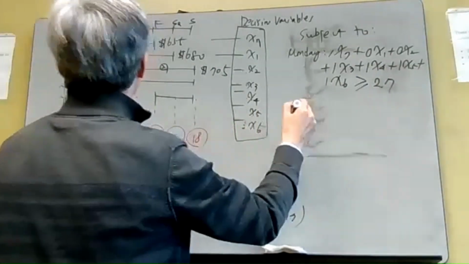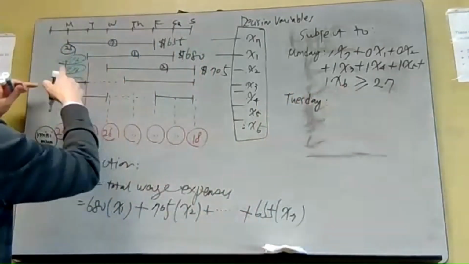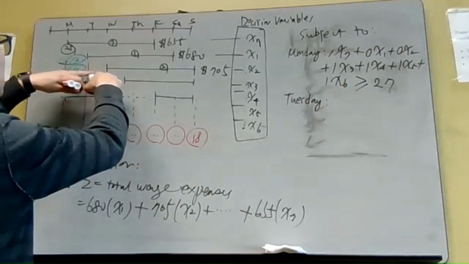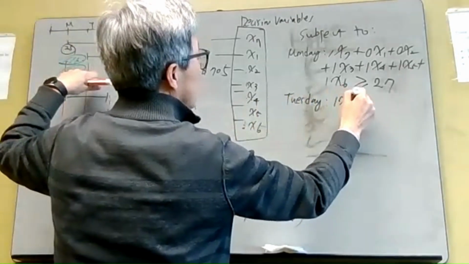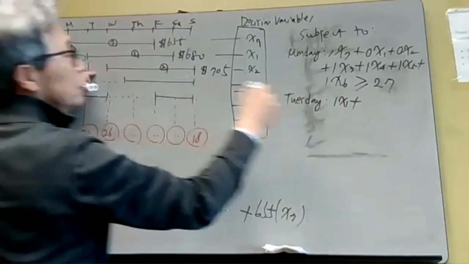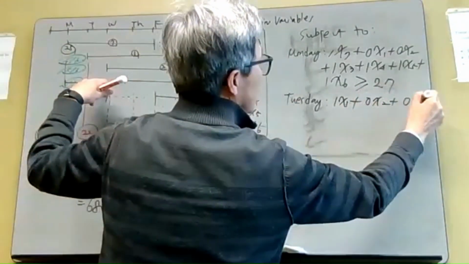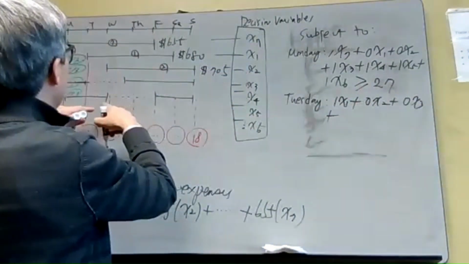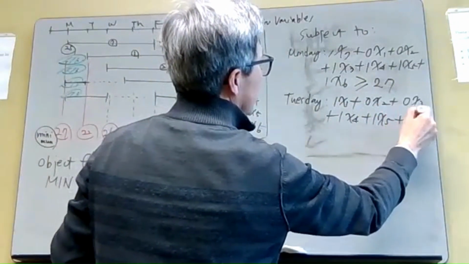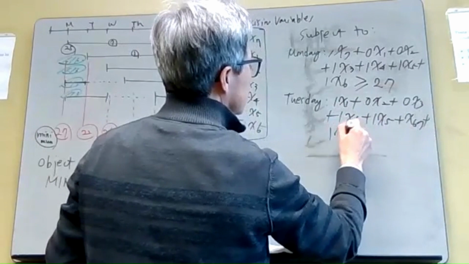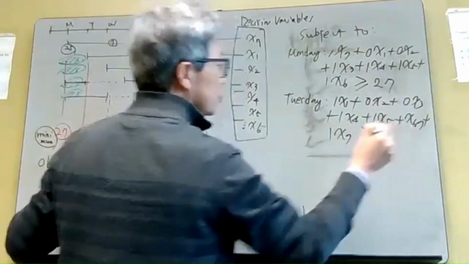Let's go with the Tuesday. Tuesday, 1x1 plus 0x2, 0x3 plus 1x4, 1x5, 1x6, 1x7 should be greater than or equal to 22.